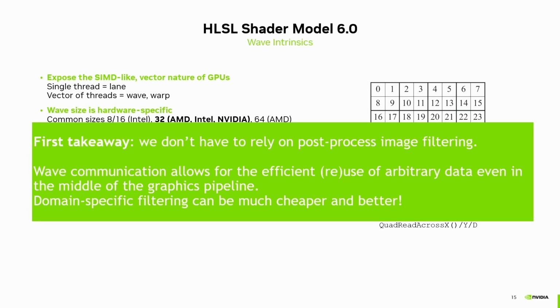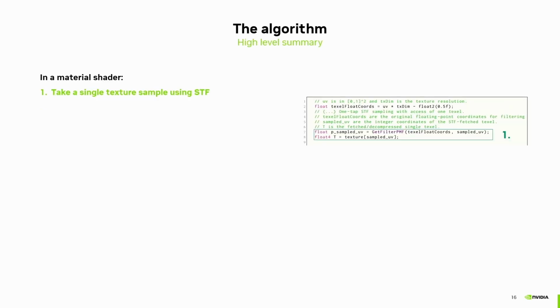Domain-specific filtering, such as filtering of samples, can be not just cheaper, like in this case, but also yield much better quality. And tomorrow at the keynote, Chris Wyman will talk a bit about how filtering Monte Carlo samples allowed for the real-time ray tracing revolution.